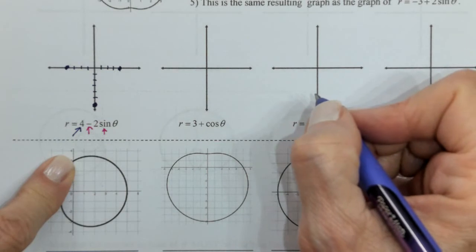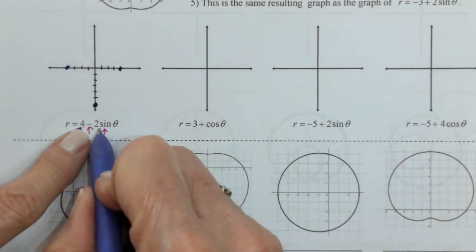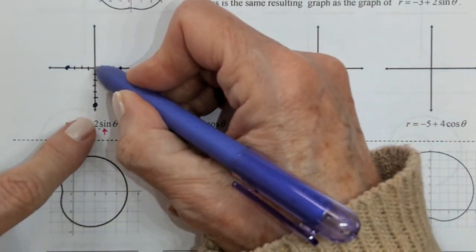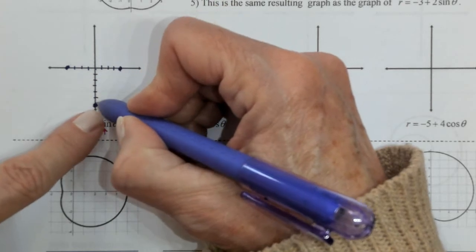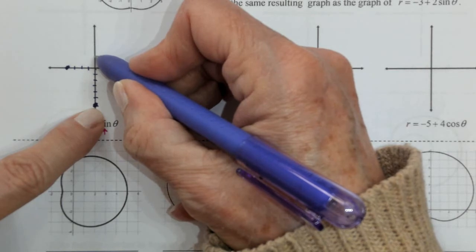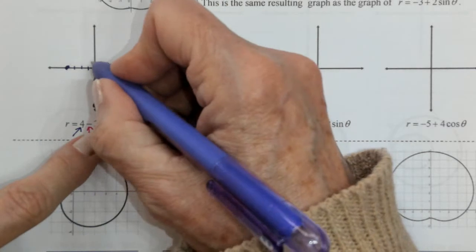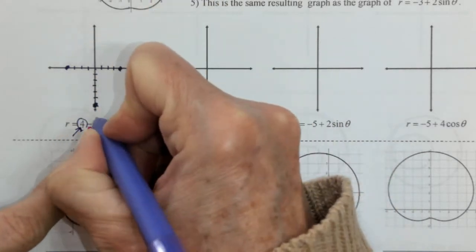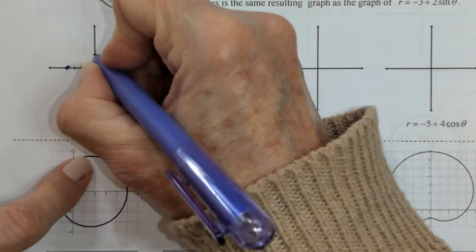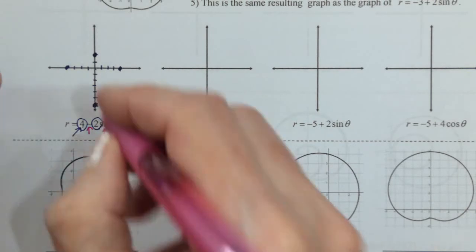Okay. This number is larger than that number. So I know it does not touch the origin, it's bigger than the origin. So it's further away from this point. How far further away? To get how far further away, you subtract these two numbers. 4 minus 2 is 2, so we go that far out. And then we draw it.